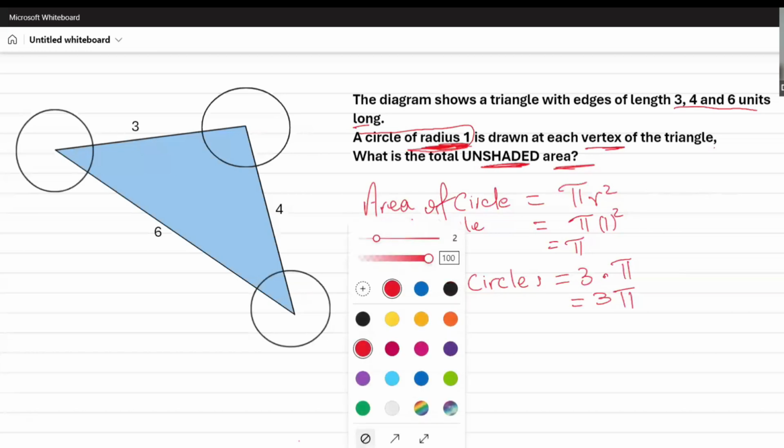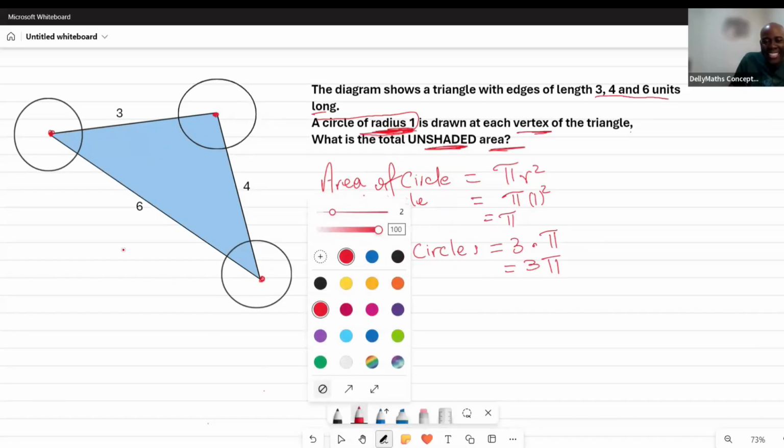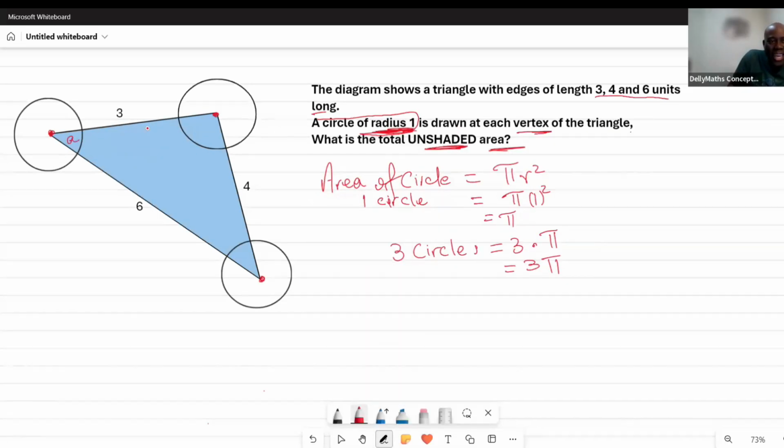But let us take a look at this quickly. Let us label the sectors. So let's call this one A, let's call this one B, and let's call this one C. So you're noticing that all 3 sectors that I have there, they're actually the 3 angles for that triangle.